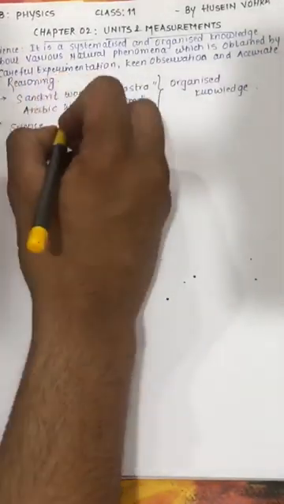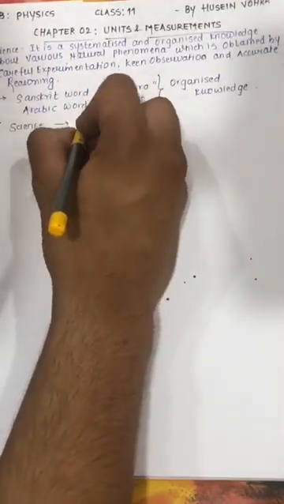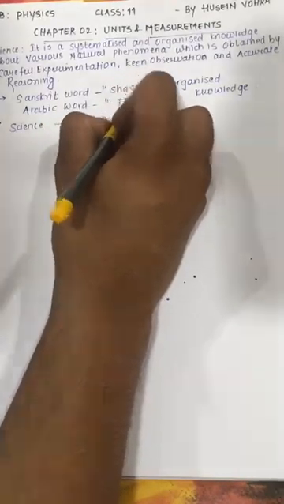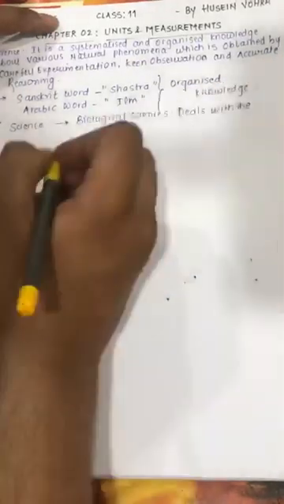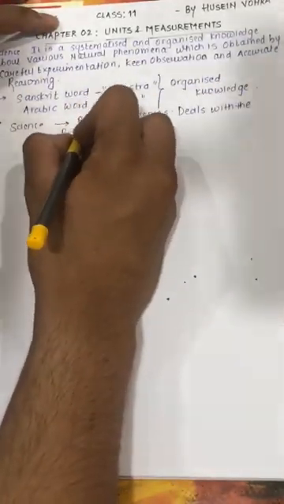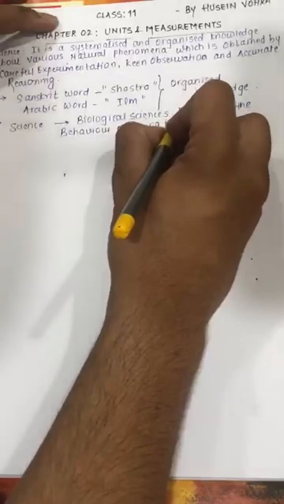Moving ahead, science is basically classified into two categories. The very first, that is biological sciences. Biological sciences deal with the behavior of living things that we usually see around us.